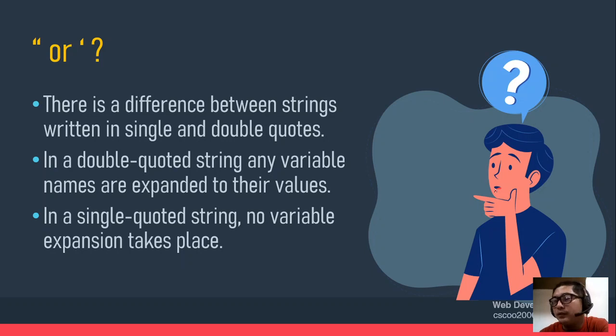In a double quoted string, any variables are expanded to their values, meaning when you add a variable inside double quotes, it outputs the value of that variable on your screen, while single quotes only produce what is literally placed inside the quotation. For example, let me demonstrate that. I'm going to discuss variables later.